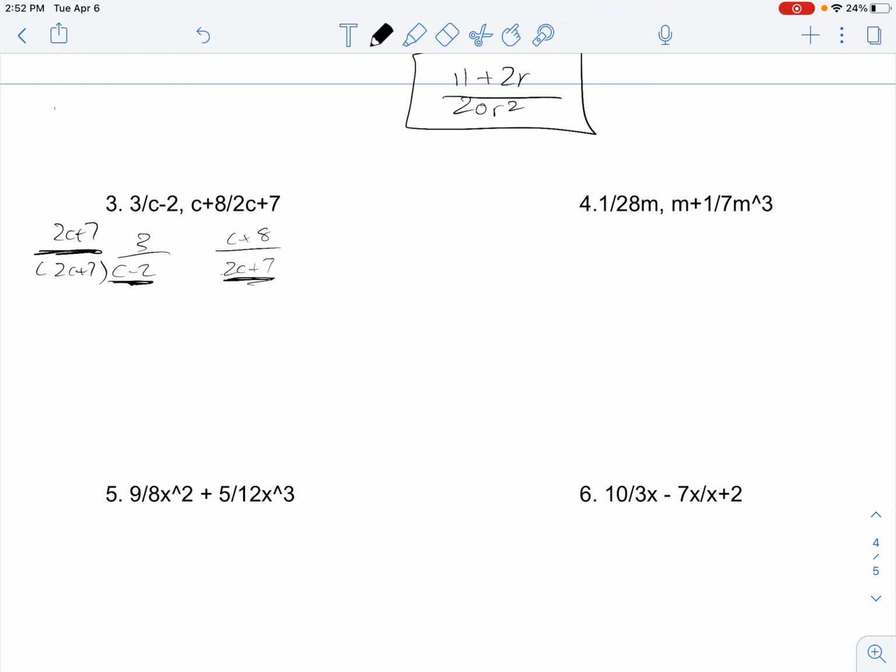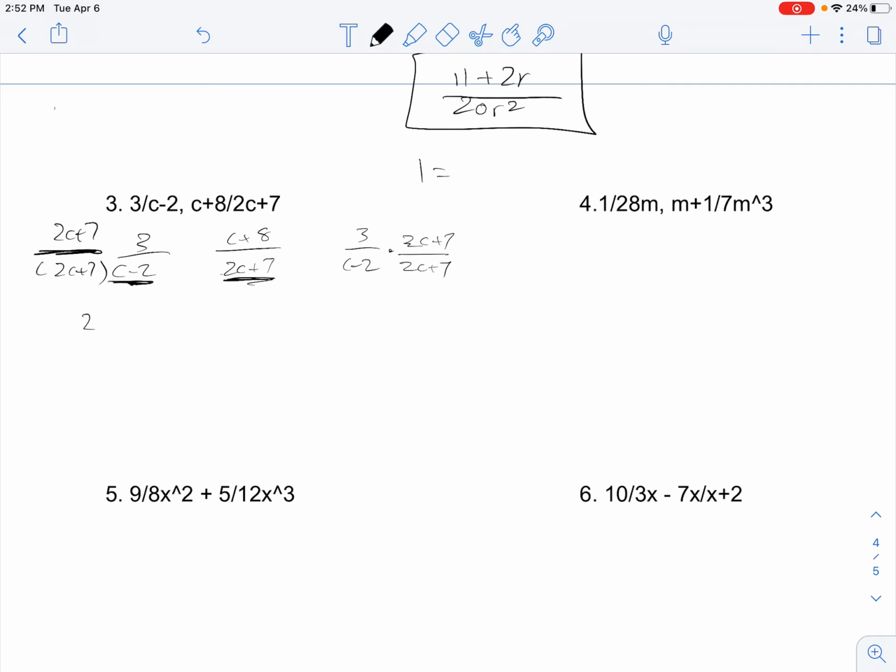If I were to multiply it by 1, which if I were to do 3 over c minus 2 times 1, and I translated 1 into 2c plus 7 over 2c plus 7, in this instance, since 2c plus 7 is in the numerator and that's in the denominator, then it would just be 1. So I could just bring that over here, and I could multiply on top and bottom.